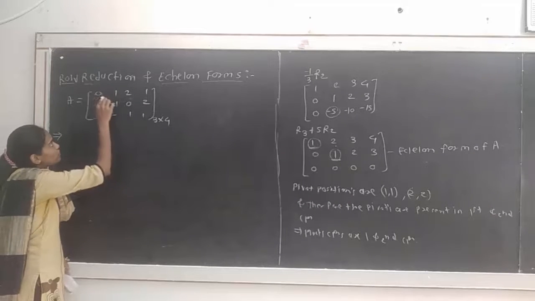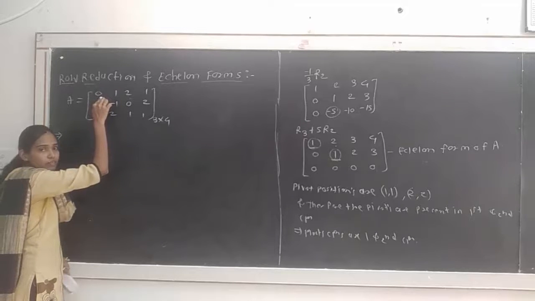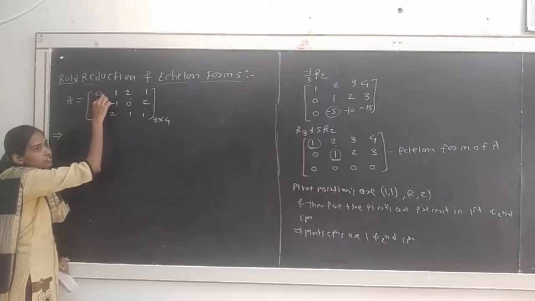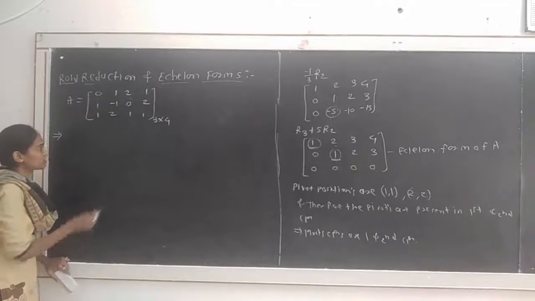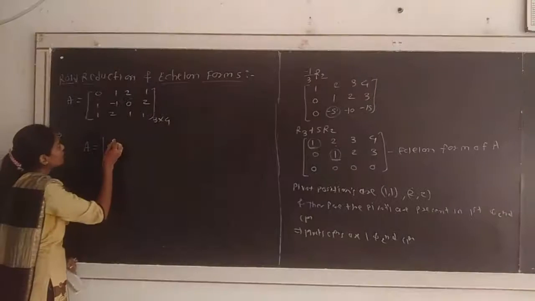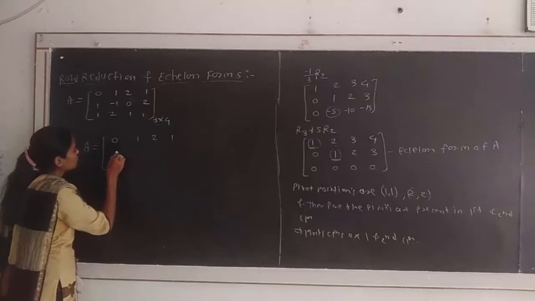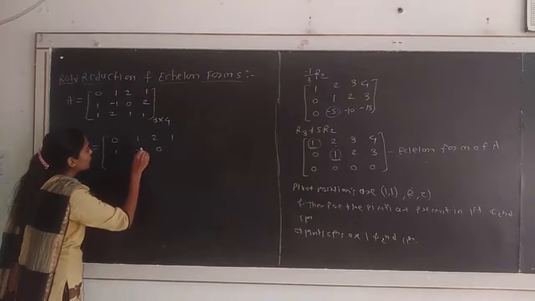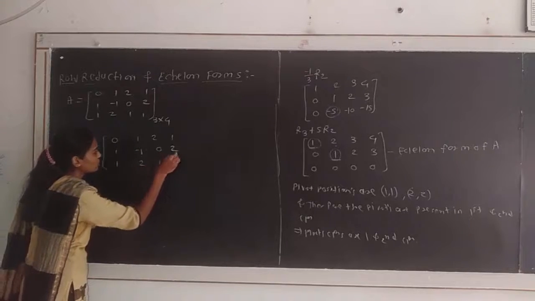Okay, if we observe the 1 1 position, the entry is 0. So we have to make this entry a first non-zero entry, so we apply the row interchange operation. First we rewrite the given matrix: first row 0 1 2 1, second row 1 minus 1 0 2, third row 1 2 1 1.